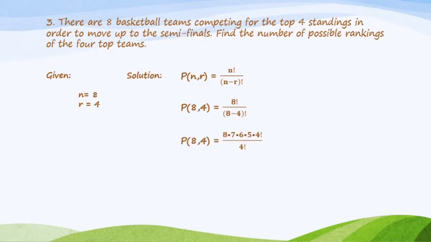So we have P(8, 4) equals 8 times 7 times 6 times 5 times 4 factorial divided by 4 factorial. Cancel out 4 factorial. So we have now P(8, 4) equals 1,680. Therefore, there are 1,680 possible ways for the 4 top teams.